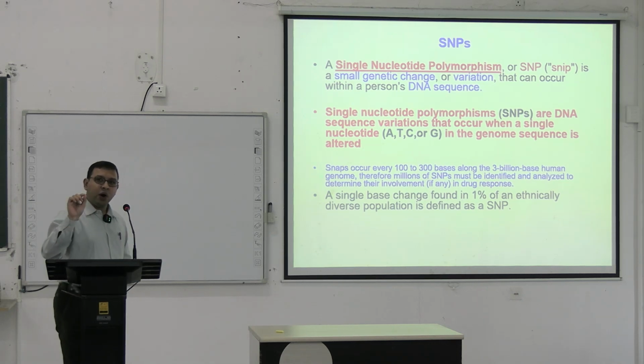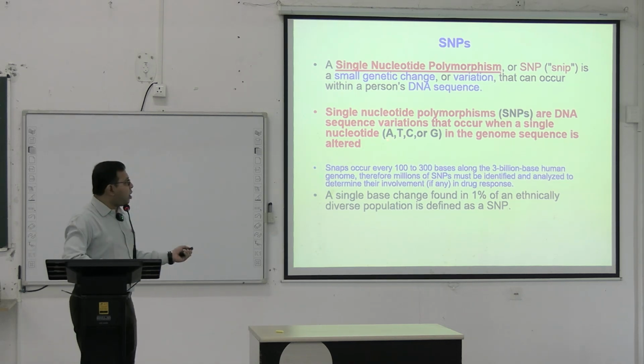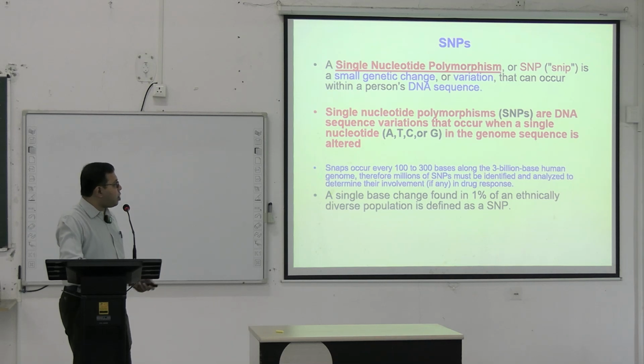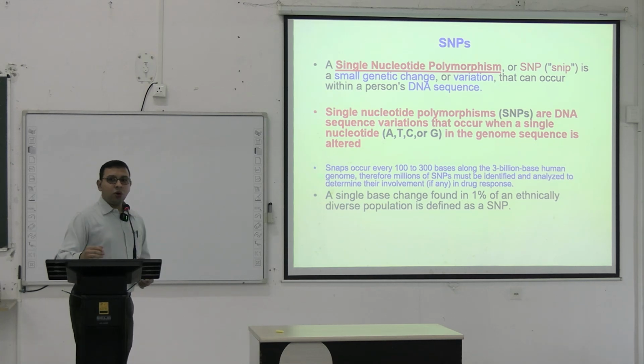It occurs every 100 to 300 bases along the 3 billion base human genome, and again it has to be present in more than 1% of the total population. A single nucleotide change like this is easy to capture by means of the DNA microarray technique, when it is present in more than 1% of the total population of the world.